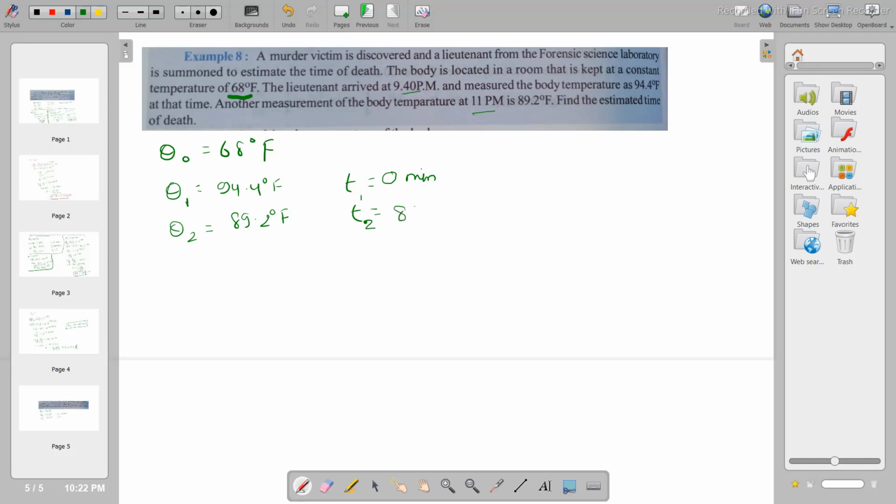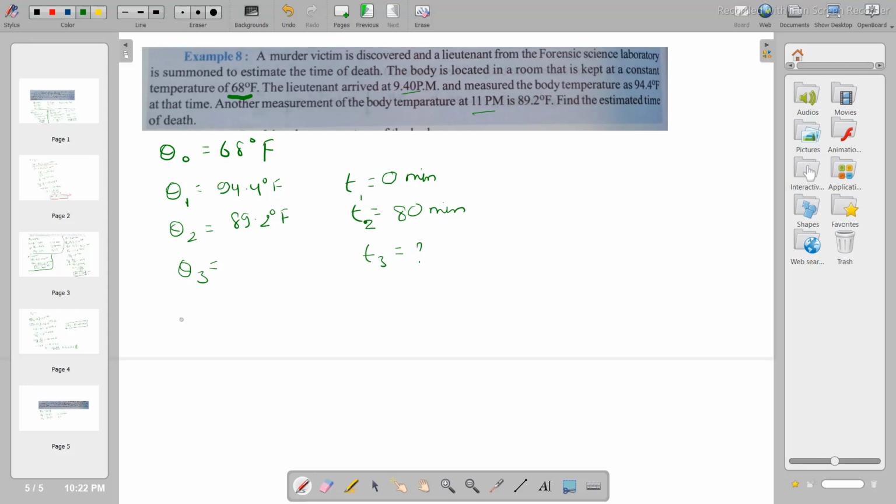T1, and find the estimated time of death. We have to find the time of death, but here theta 3 is not given. So how will we do it? A small concept: what is the normal body temperature of a human?